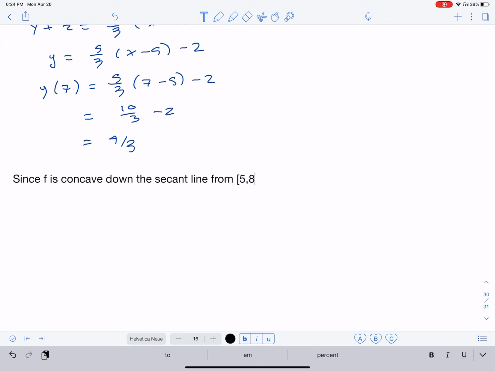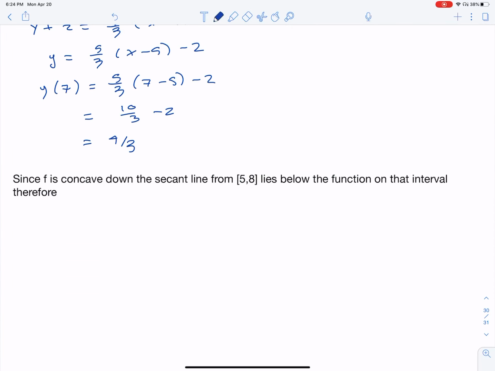So the secant line from 5 to 8 lies below the function on that interval. Therefore, I'm going to write this by hand because it's a little harder to type it. Therefore, f of 7 has to be greater than or equal to 4/3, because the secant line lies below the curve.